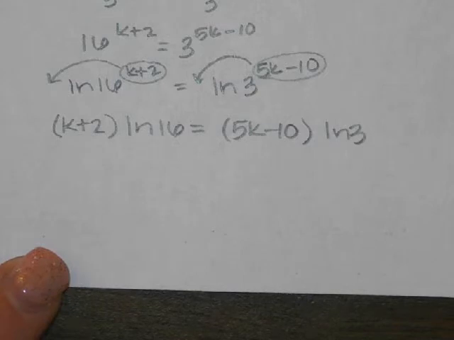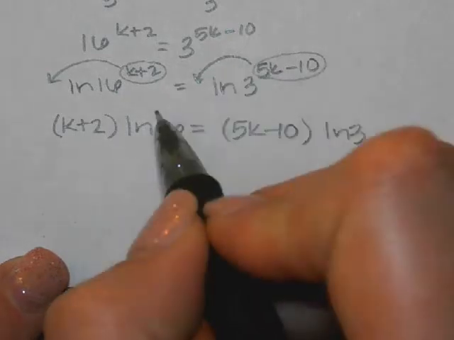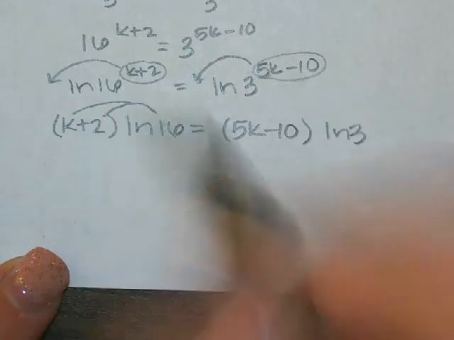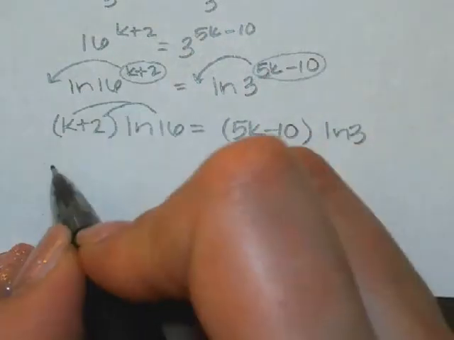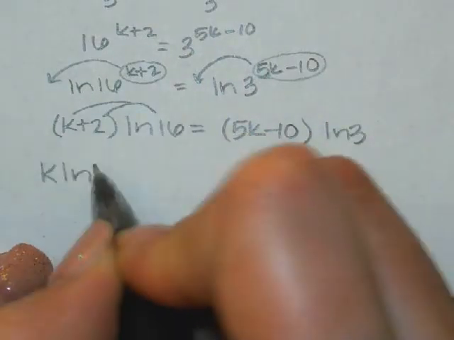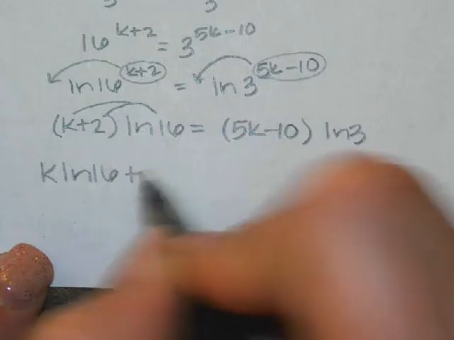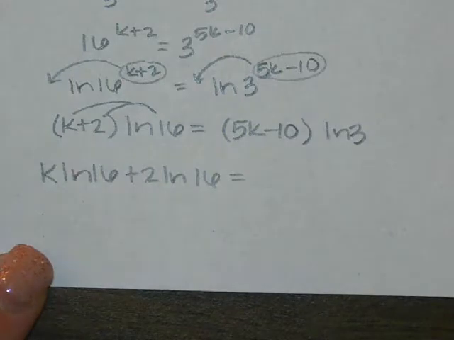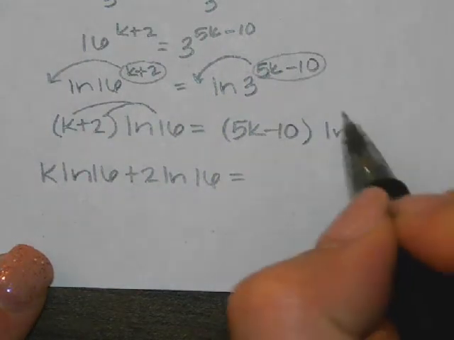How do we get rid of our parentheses? Distribute. So ln 16 is being multiplied by k, ln 16 is being multiplied by 2, and then ln 3.